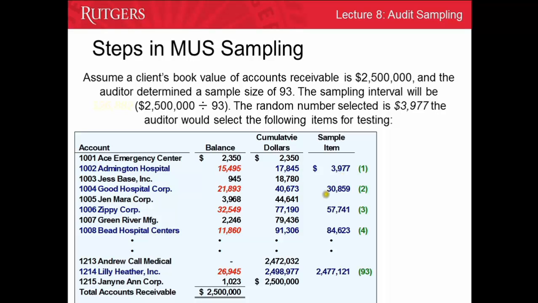And then the third account will be 30,859 plus the 26,882, which equals 57,741, and it's in the item of ZP Corporation.